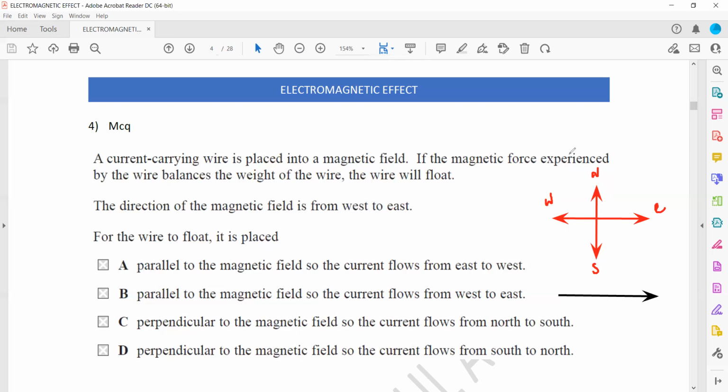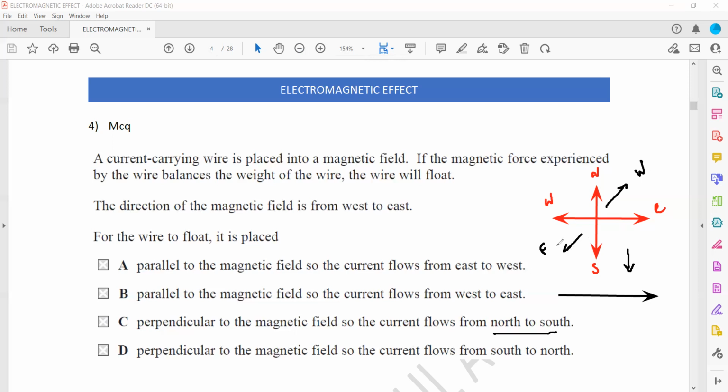This is the direction of the magnetic field. If the current is from north to south, the first finger represents the magnetic field. Weight is like, when we draw a compass, the force directed towards the center. So weight is the force of gravity which is inward. We want the force to be outward to balance the weight.